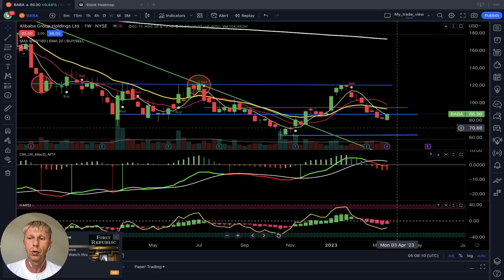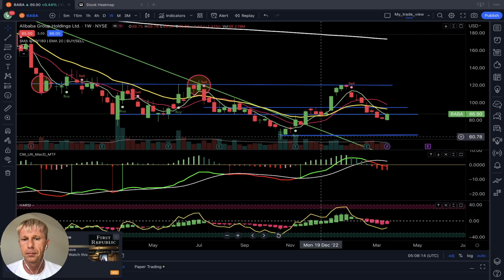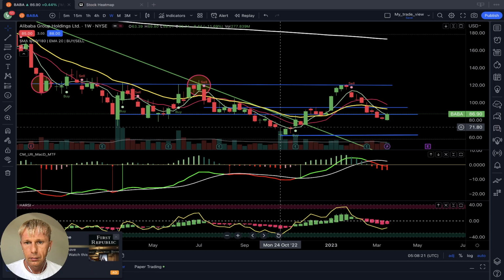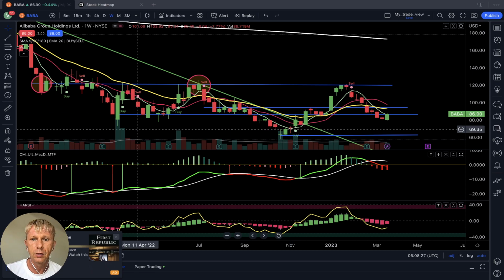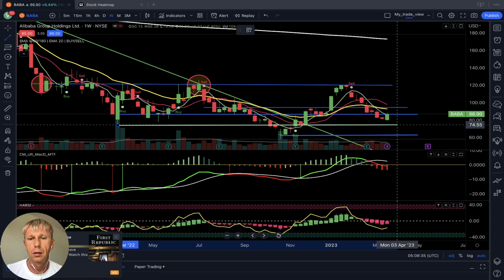The next support will be 60, around 62, right? Actually, yeah, it's 75, the next resistance. Next resistance will be 75. I was wrong. Let me create this line.